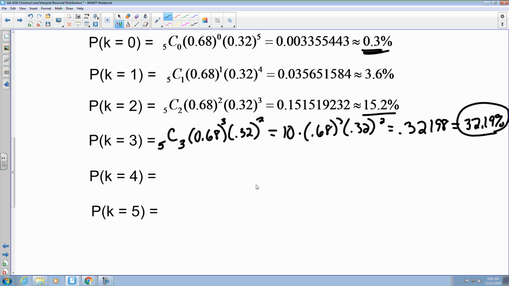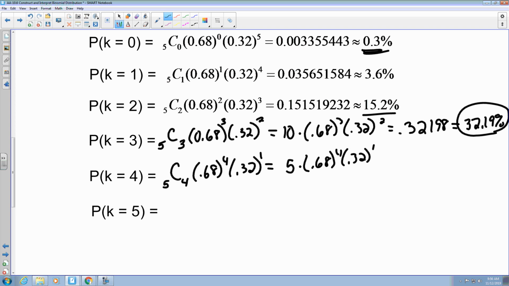For the next one, we find that of the 5 people, 4 individuals said that they were not afraid to fly. So we have 0.68 raised to the fourth power, and 0.32 raised to the first. 5C4 gives me 5, so I get 5 times 0.68 to the fourth power, times 0.32 to the first. 0.68 to the fourth power is 0.2138 on my calculator.